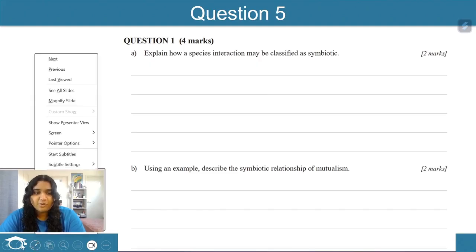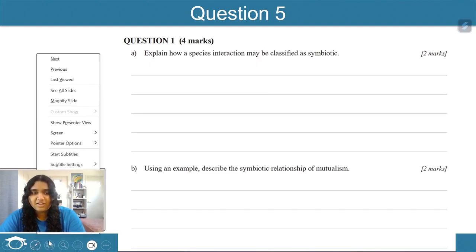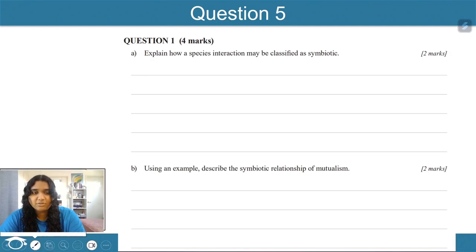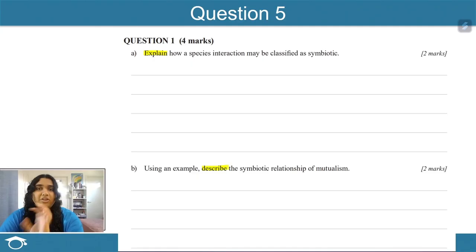All right. Before we actually get into the question here, I want to go through with you how to approach answering this question. So our two cognitive verbs here are explain and describe. Explain means that you are not just giving your answer with superficial or very basic level detail. You need to be pretty thorough with the response that you're going to write.